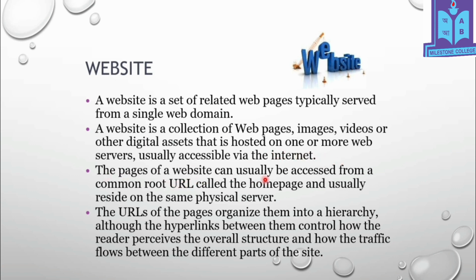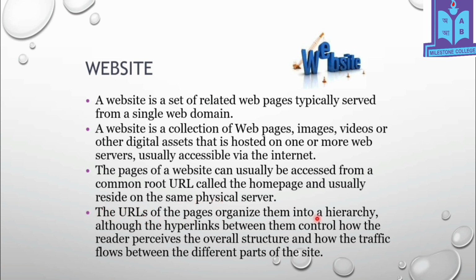The pages of a website can usually be accessed from a common root URL. Basically we know www.facebook.com is the URL for using Facebook, and www.google.com is another sample URL for using a search engine like Google.